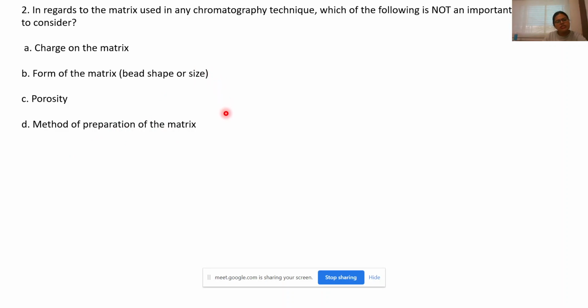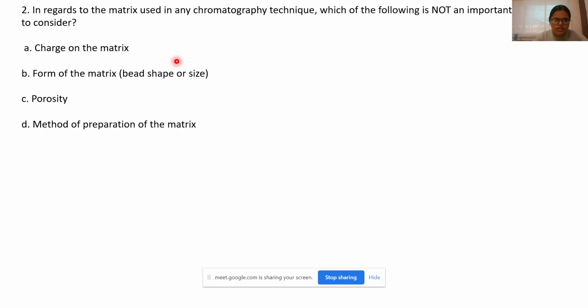What is the correct option? See, we will figure it out by going through all the options. Charge on the matrix will definitely play a role in binding the molecule of your interest.